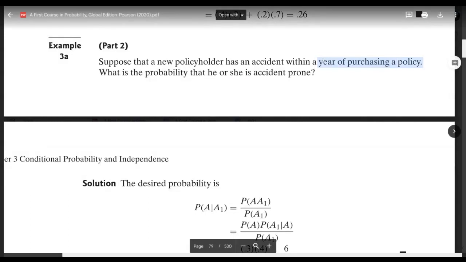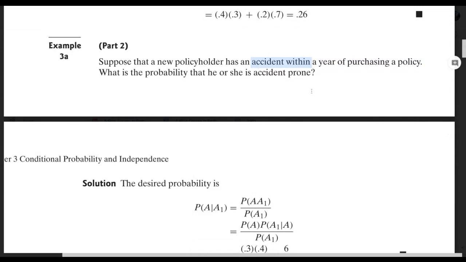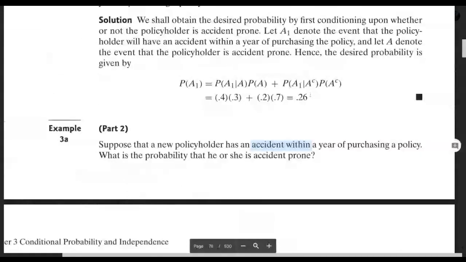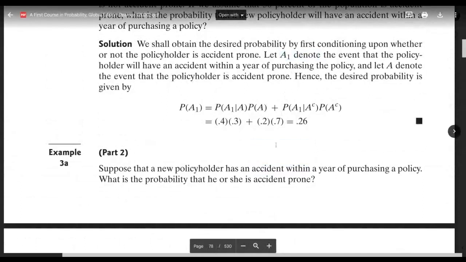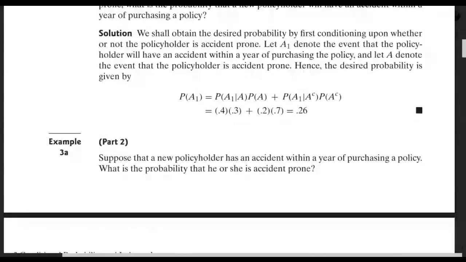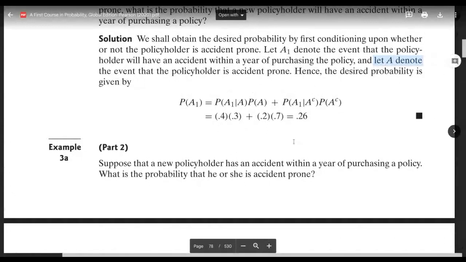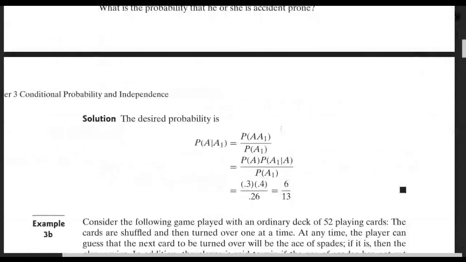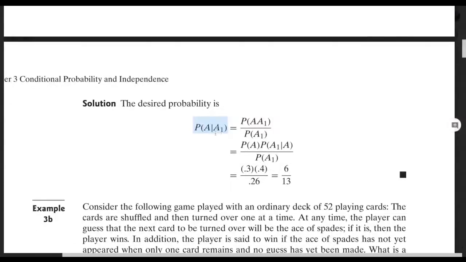Okay, so the condition, something happened: he had an accident, which is A1, right? After A1 happened, and then he's accident prone, A. So the desired probability is, after A1 occurred, the policyholder had an accident within a year, we want to find out the probability he or she is accident prone.